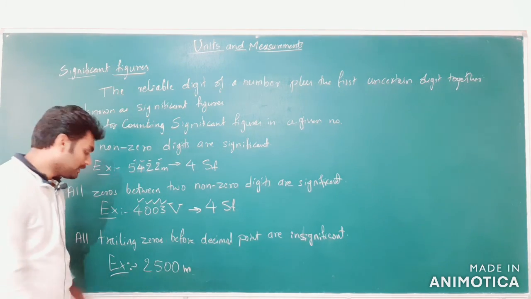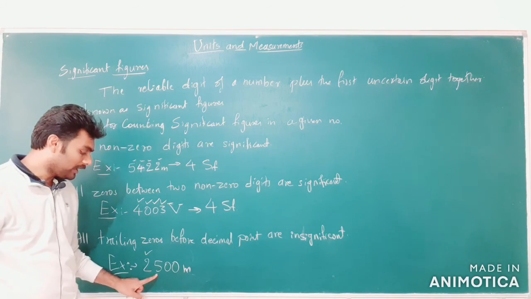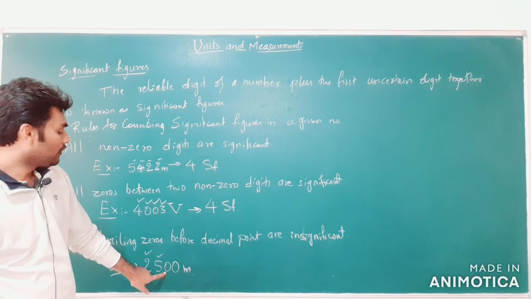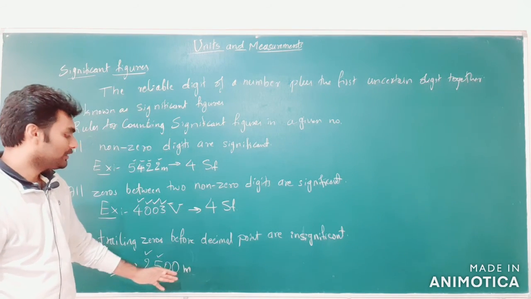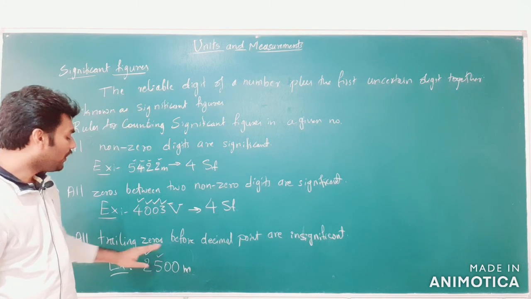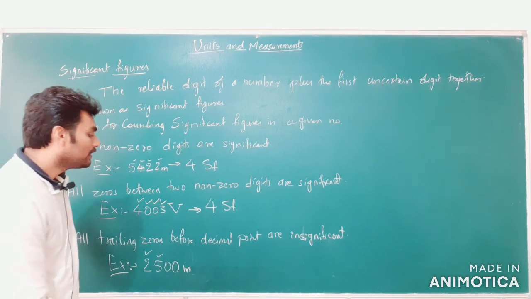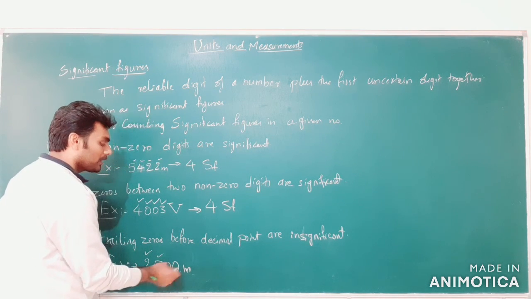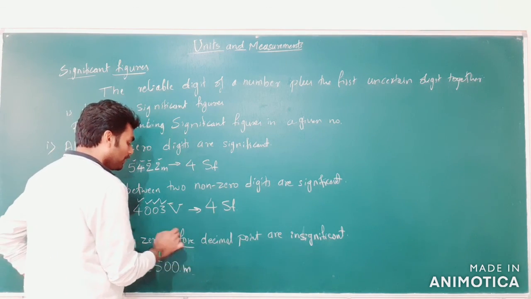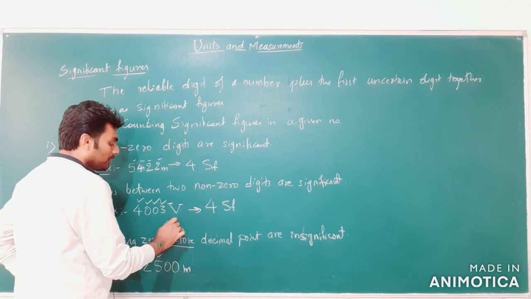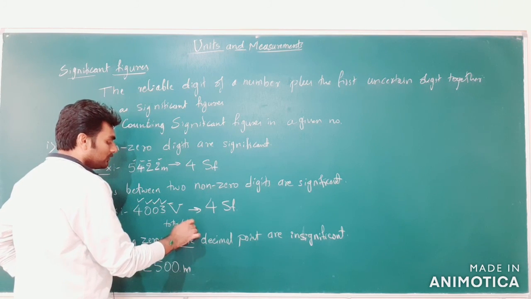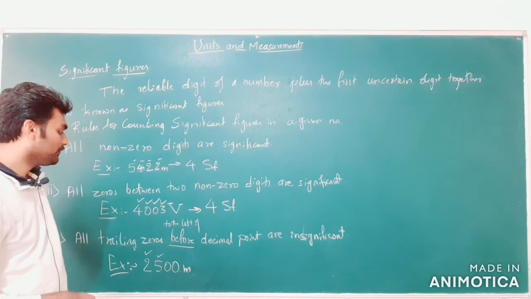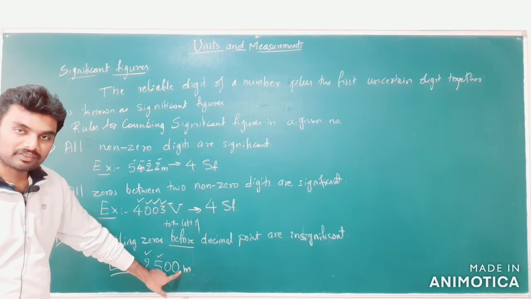2, is it significant? Yes, it is, because it is non-zero. 5, is it significant? Yes, it is, because it is non-zero. This 0 is the trailing 0. So, according to the third rule, all trailing zeros before this decimal point. This is the decimal point, before the decimal point. It can be written as before the decimal point or zeros to the left of the decimal point, because this is where the number ends, right?